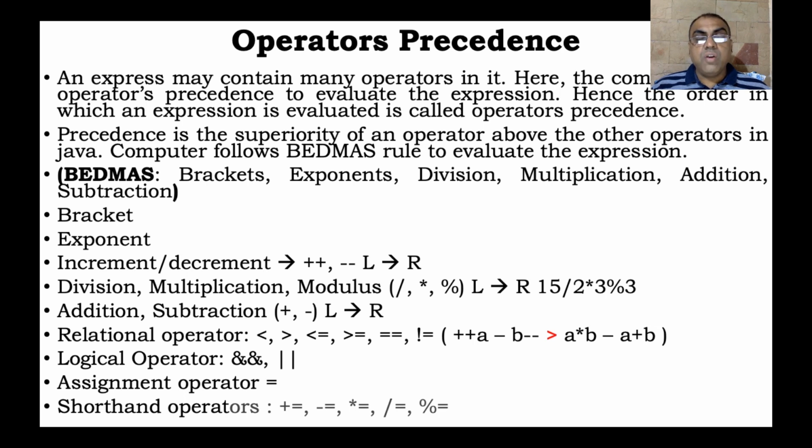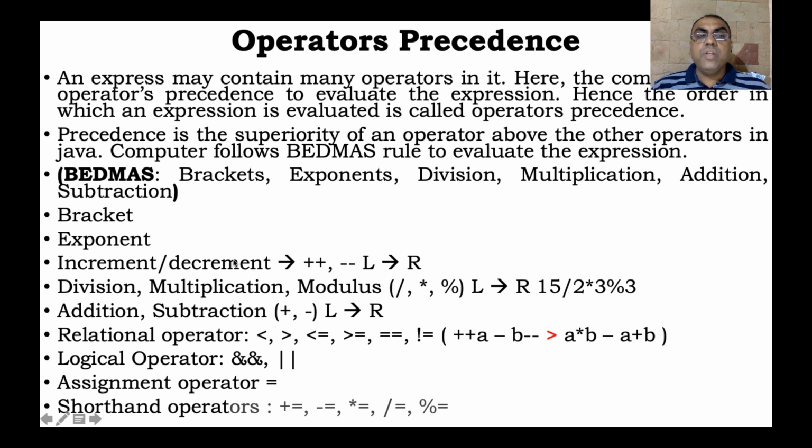There are operators which have superiority over the other operators. They get executed first before the other operators. In general, you've been following the BODMAS rule in your maths. The same rule is followed here. Here, instead of BODMAS, it is BED. E is your exponent, anything that is to the power. So bracket, exponent, division, multiplication, addition, subtraction is your basic rule.